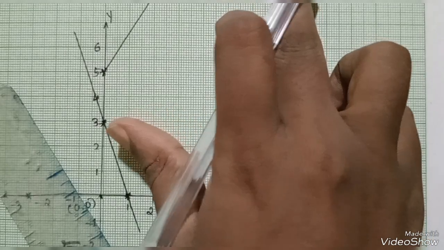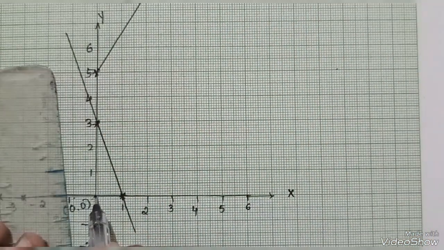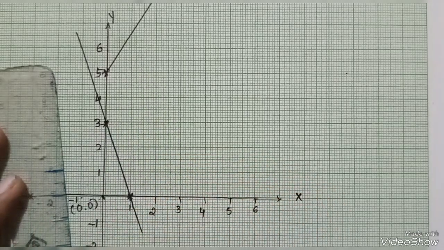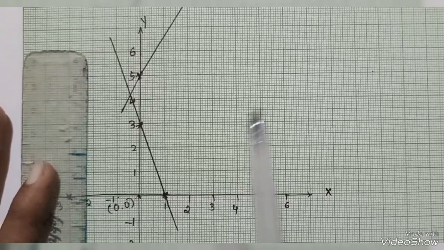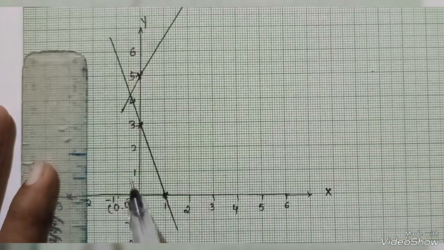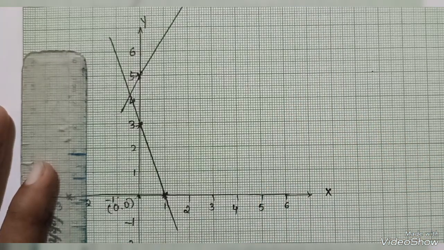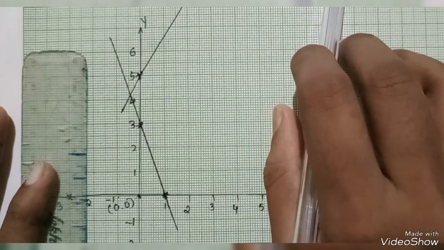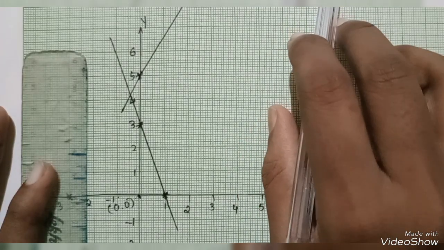For the third one, okay, x is equal to 0 and y is equal to 6. Here x is equal to 0, y is equal to minus, that is in the negative axis. I am not considering that. I am just taking y is equal to 0 and x is 6.